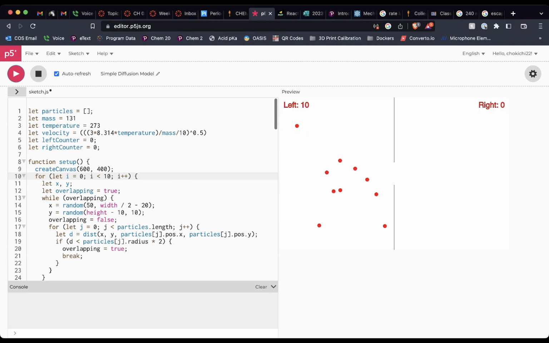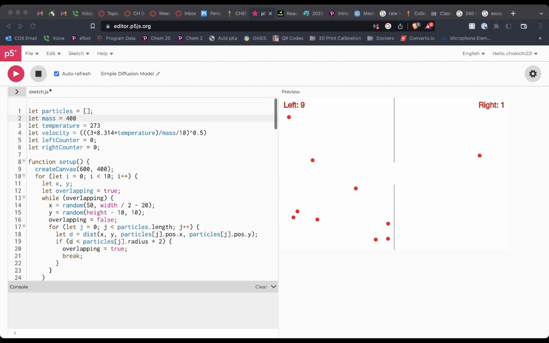So if I restart this, all the particles start on the same side, and then we could time how long it takes a certain number of particles to get to the other side. And again, because the sizes are not maybe proportional, it takes a while for this to happen, but if I bump up the mass here, they move slower.